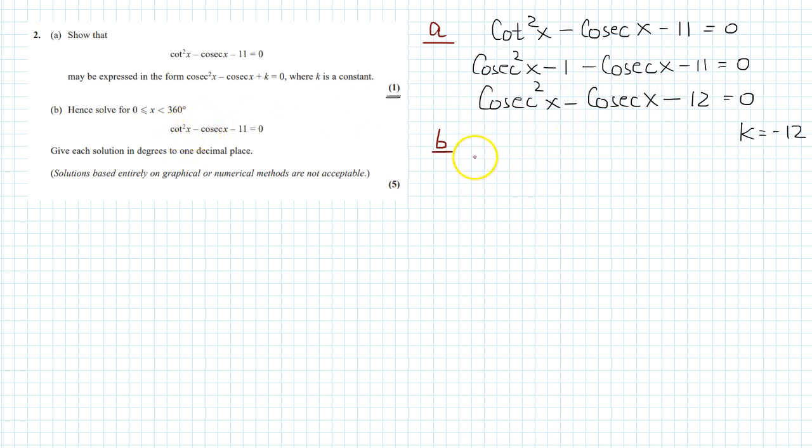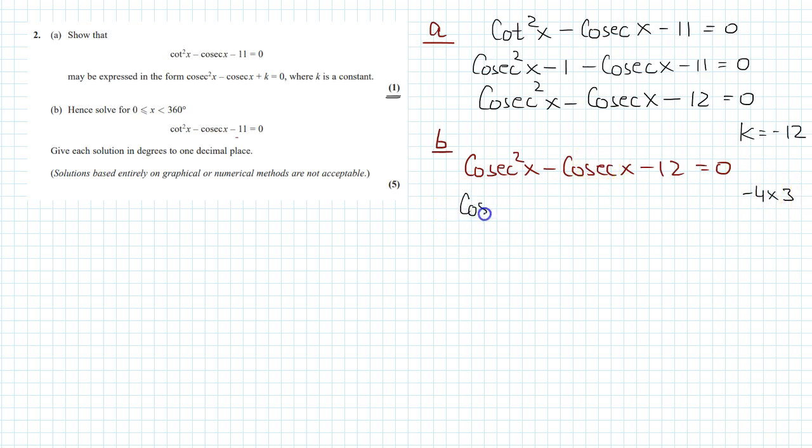So cosec squared x minus cosec x minus 12 is equal to 0. Instead of writing, we can write this, where k is 1. So we just have to solve it. That is 12. 4 multiplied 3 is 12, and minus 4 plus 3 is minus 1.